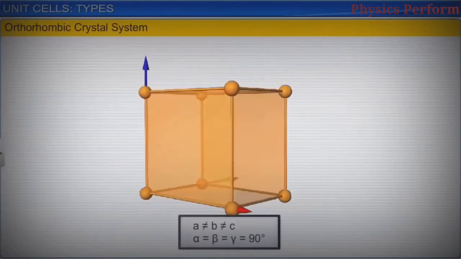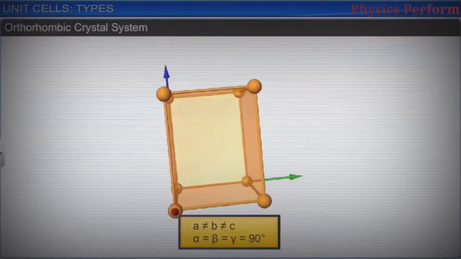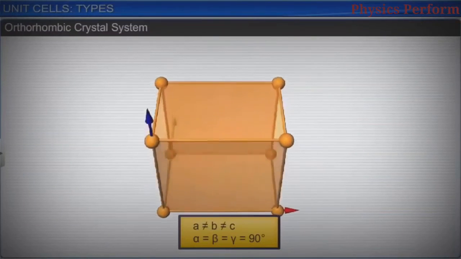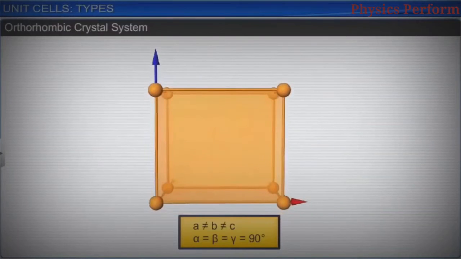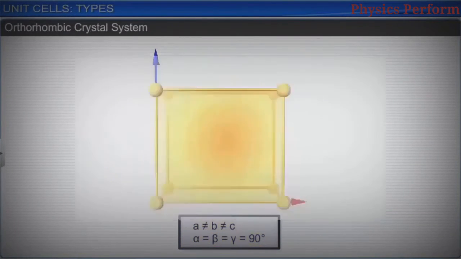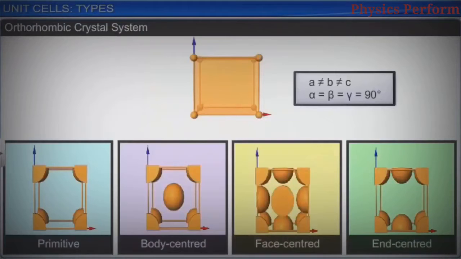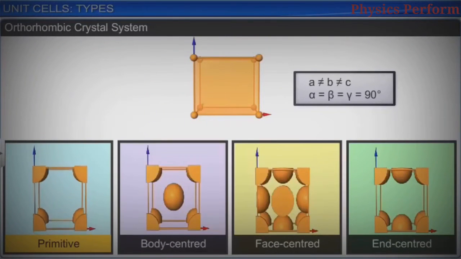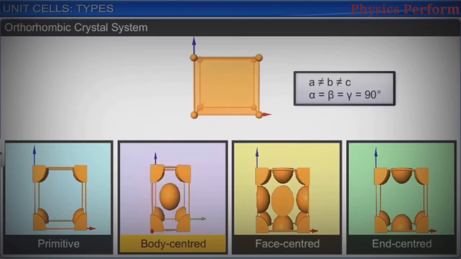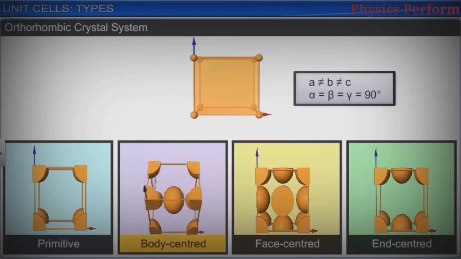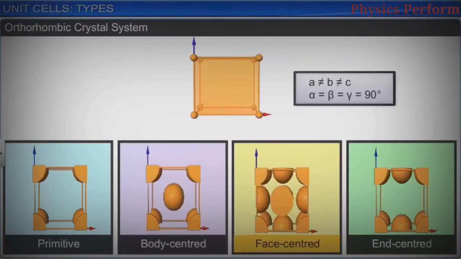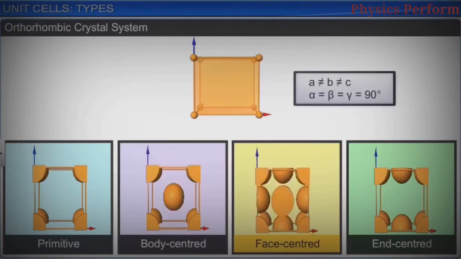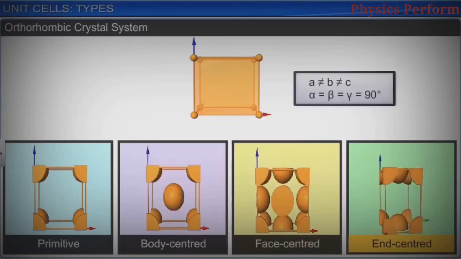In an orthorhombic crystal system, the 3 axes are unequal, but all axes are at right angles to each other. The possible lattices are primitive, body-centered, face-centered, and end-centered.